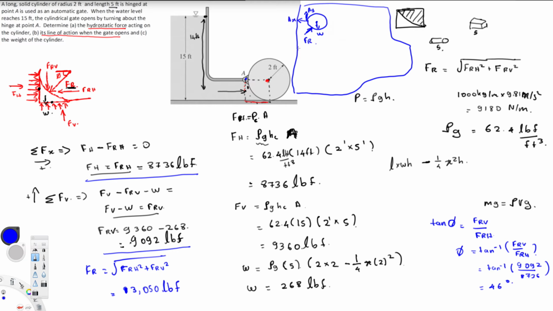And what else we have? We have this resultant force right here, but I can write this one as two components, so that makes everything easier. So I can put the vertical component FRV and FR horizontal.